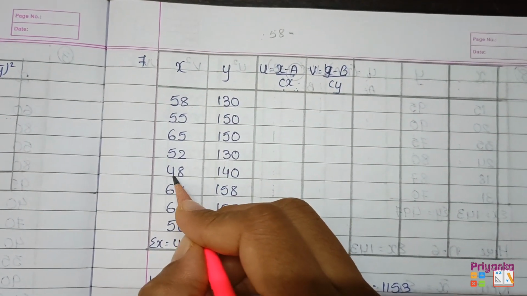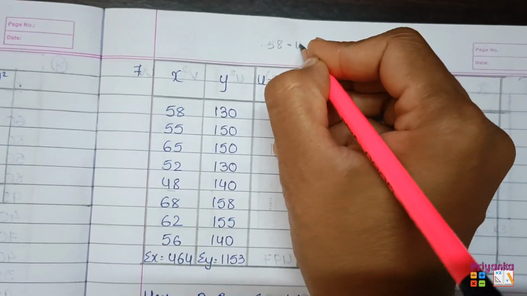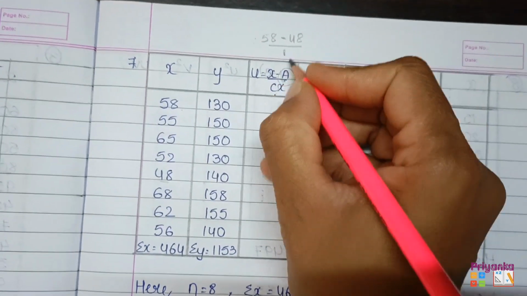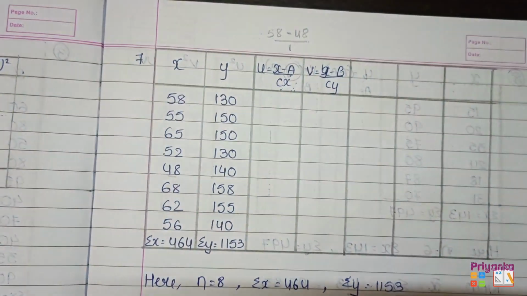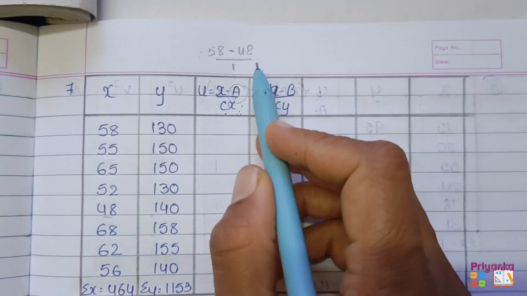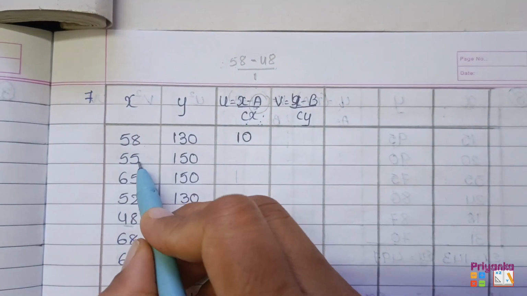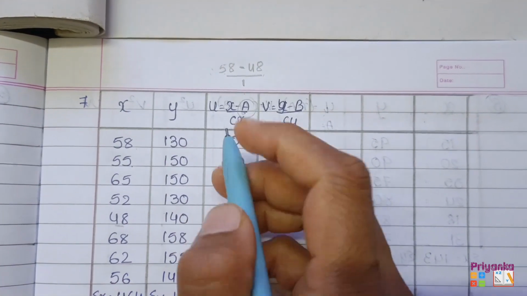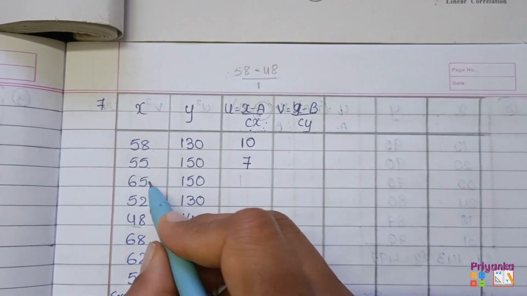So here I can see the smallest number is 48, which I am assuming here, 48, and divide by cx, that is 1. So just you have to make a calculation of 58 minus 48. Out of this calculation, here we get 10. In the same way, again take 55 minus 48 divide by 1, you will get 7. Please hold your calculator while going this calculation.